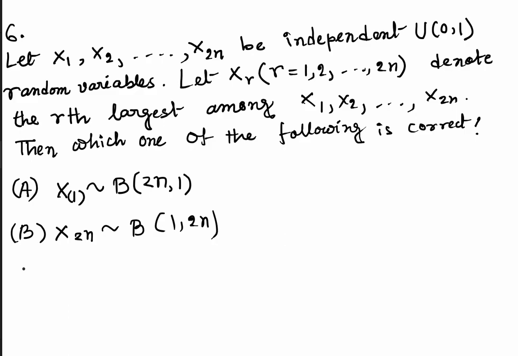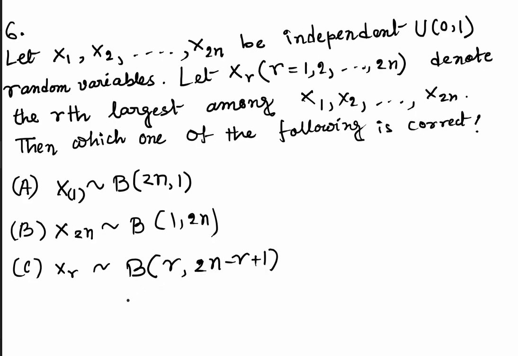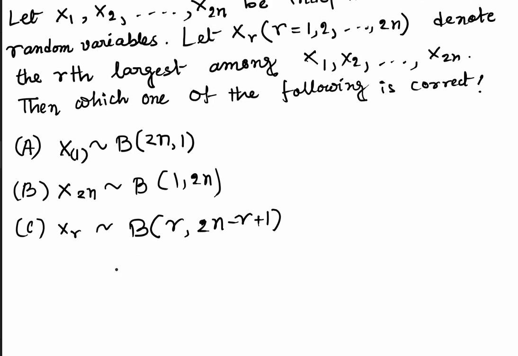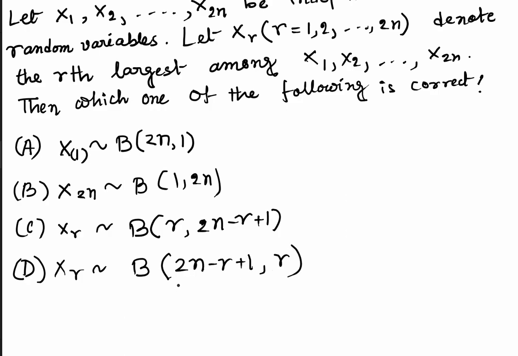Or C, xr follows beta r, 2n minus r plus 1. Or D, xr follows beta 2n minus r plus 1 comma r. So let's see it.